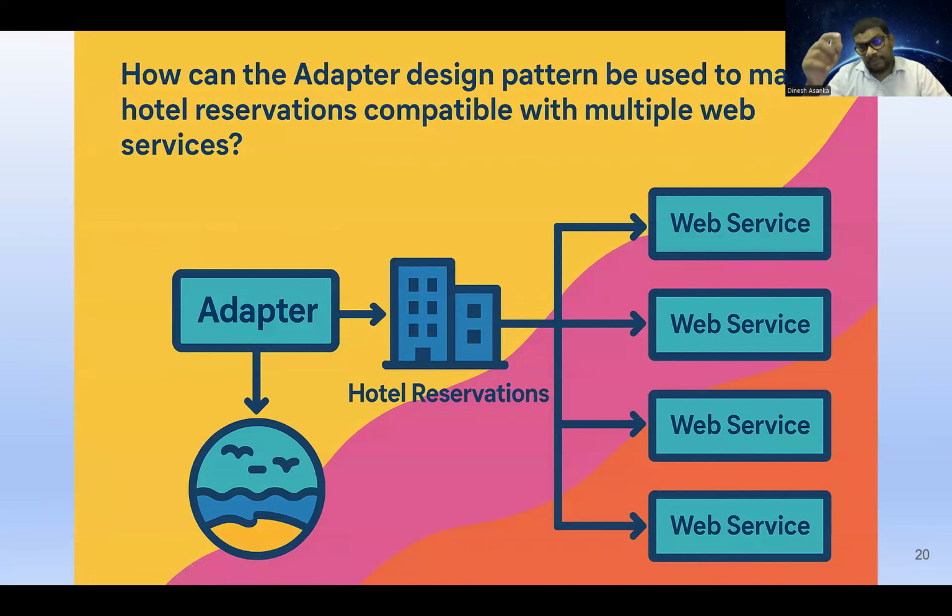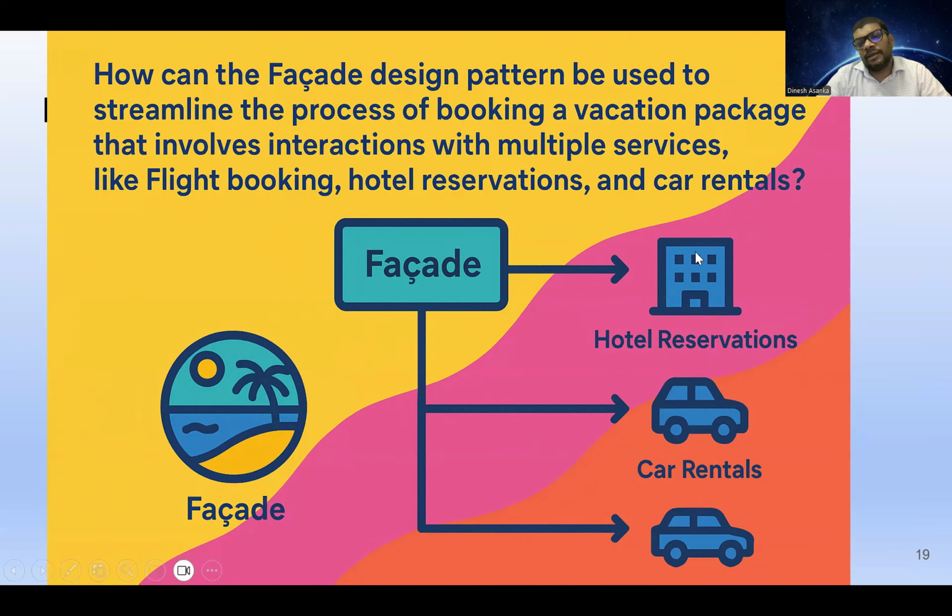Adapter. Now look at this. What if the hotel service needs multiple web services which will have different formats? One can be XML, another one can be in JSON format, another one would be in some other format. It can be adjusted with data value.